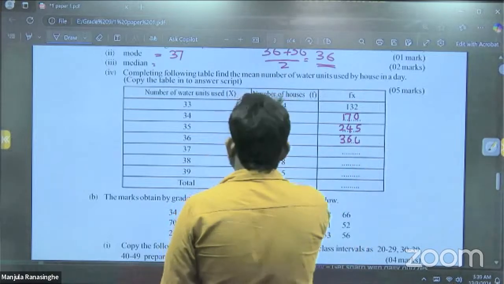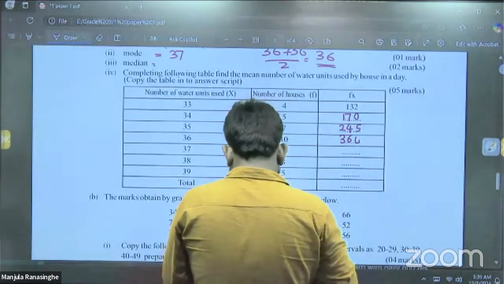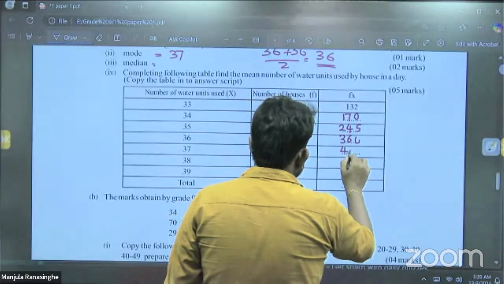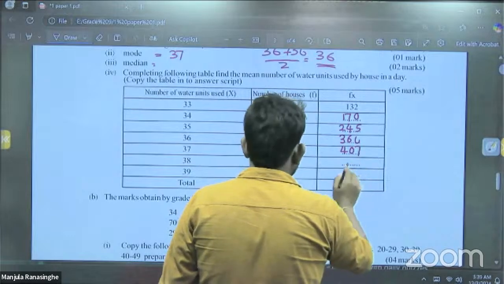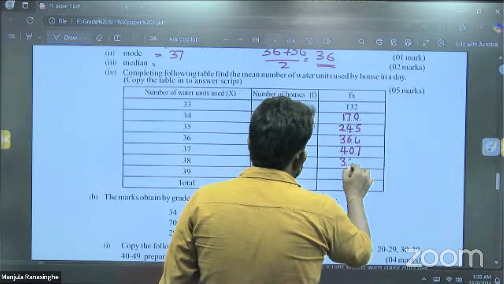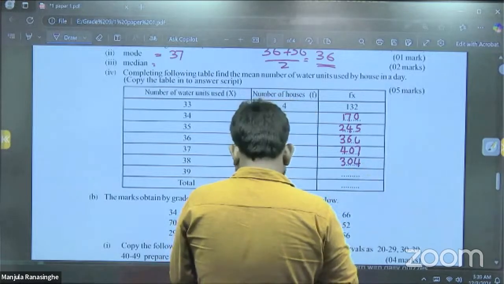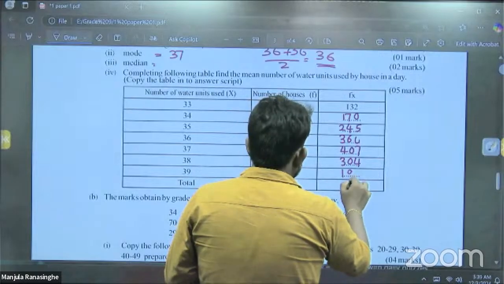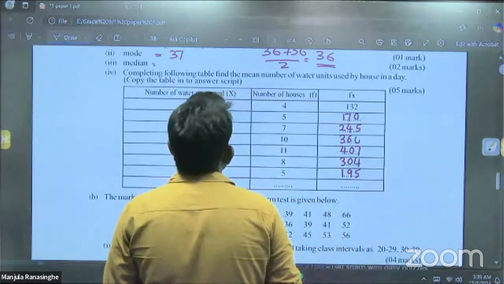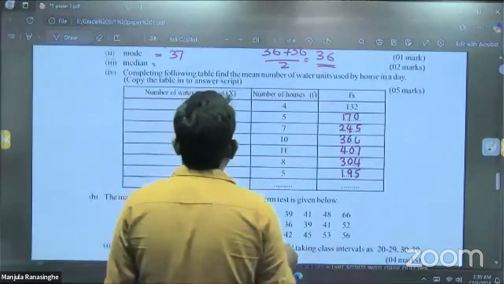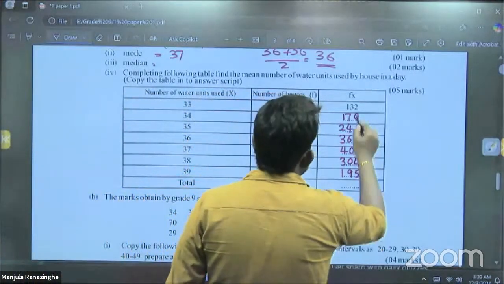$360, multiply these two. And here houses. Yes, now you take the sum of all the data, right?